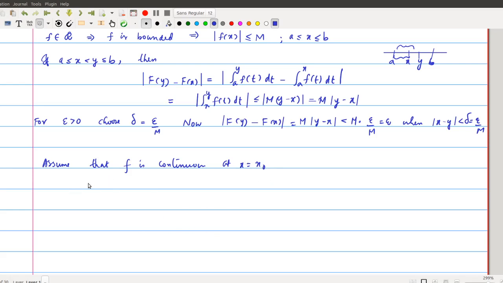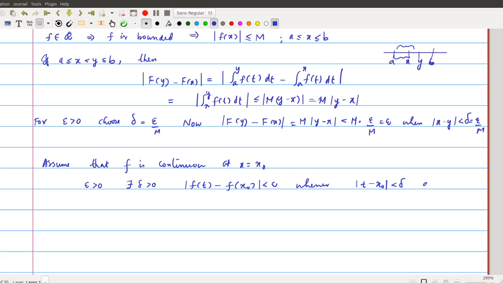So by the definition of continuity, for epsilon greater than 0, there exists a delta greater than 0 such that modulus of f(t) minus f(x naught) is less than epsilon whenever mod of t minus x naught is less than delta. So this is the continuity of the small f.